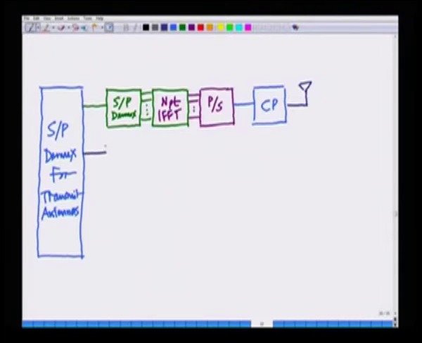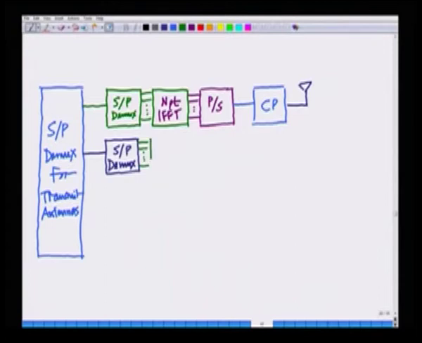Similarly, at transmit antenna 2, I am going to do a serial to parallel demultiplexing operation. This is the serial to parallel demultiplexing or blocking operation at transmit antenna 2.